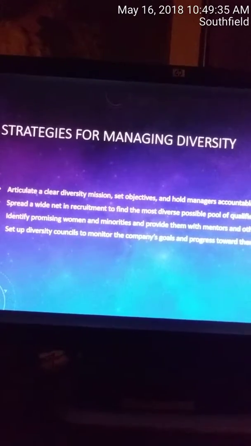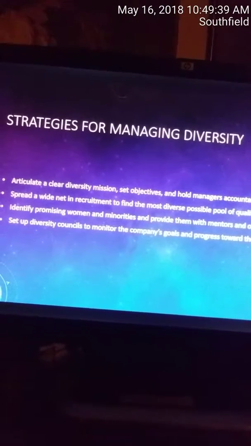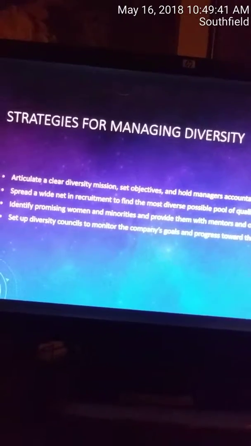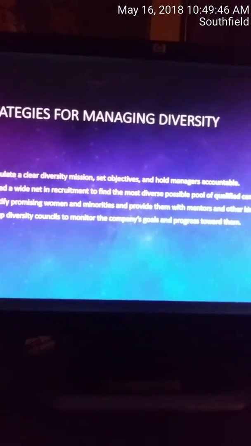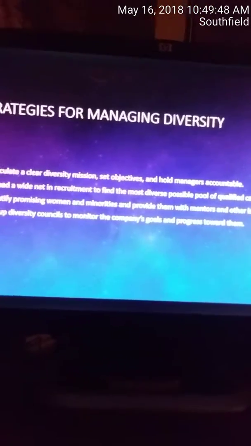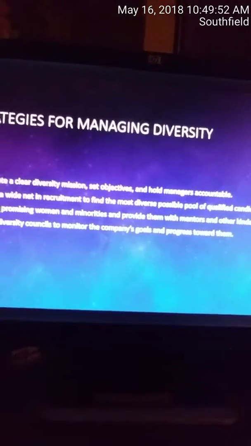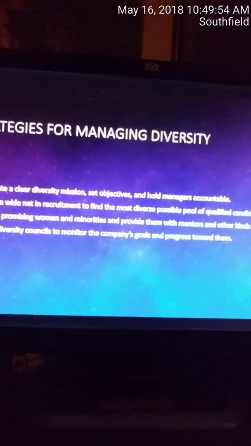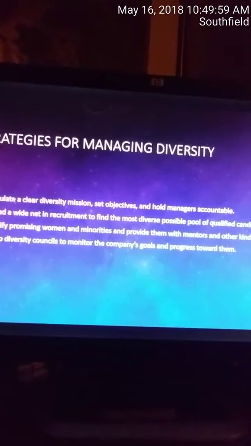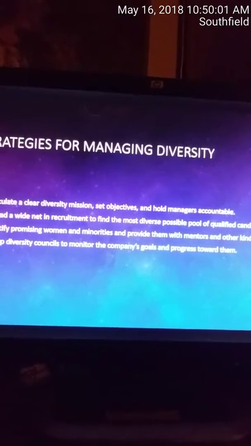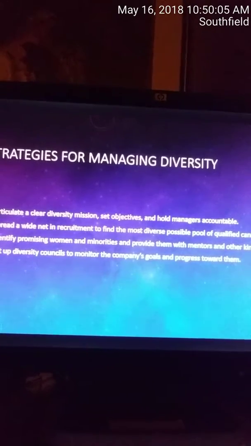In any working capacity, if you don't designate a specific council for diversity, you may not see if there's a need for it. You may not see that the company has improved. You may not see where your diverse group of candidates are excelling. So you have to identify your diverse group by using a diversity council.